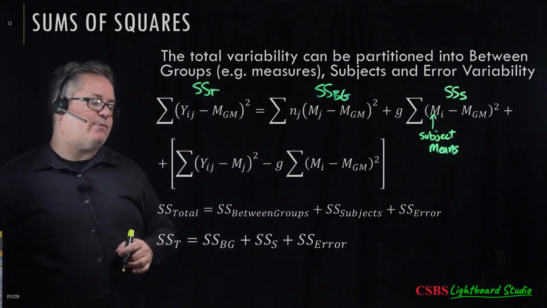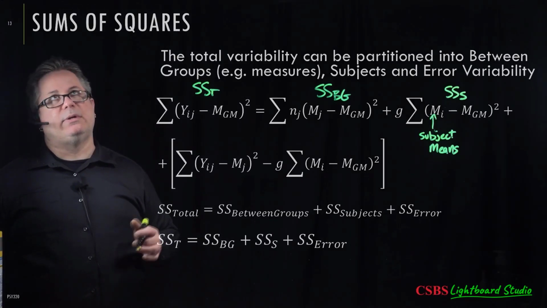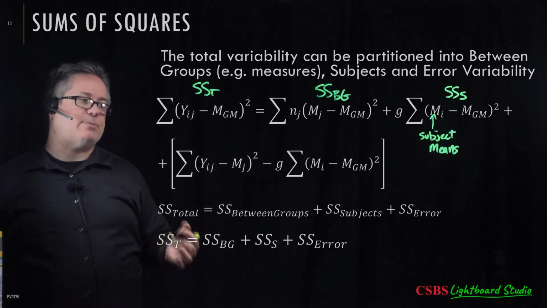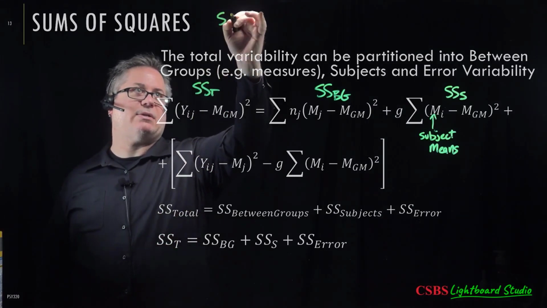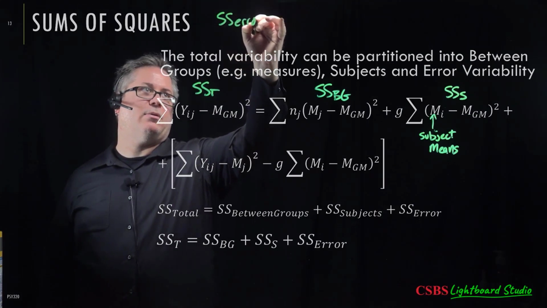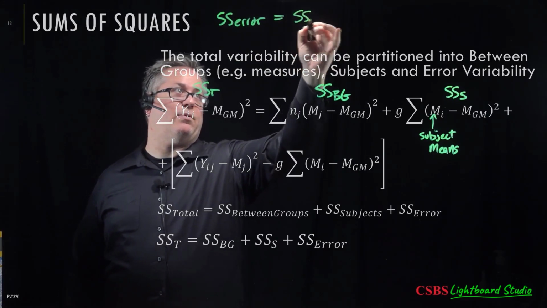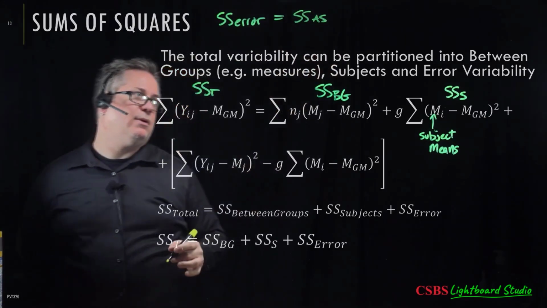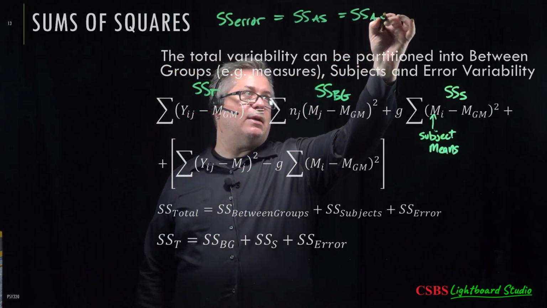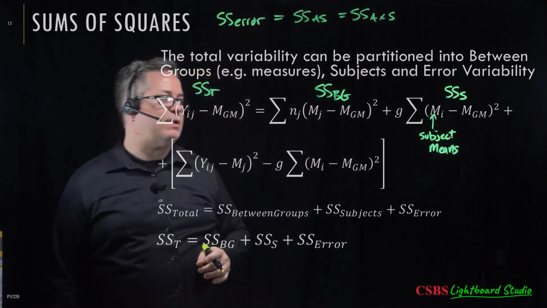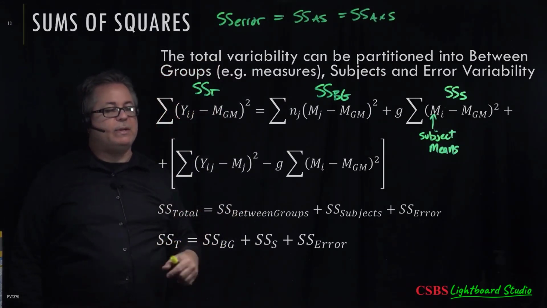The sum of squares for error is actually an interaction between the groups and subjects. So sometimes in a repeated measures, the SS for error, you may see it written out as the sum of squares for A by S, or sometimes as the sum of squares literally A by S, because it actually is an interaction between time, pre, post, follow-up, and subjects.